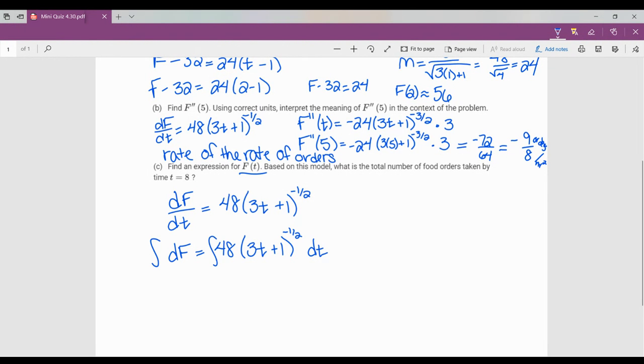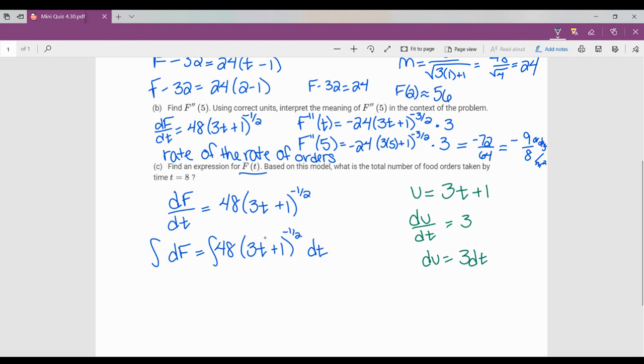then I'm going to need to use substitution. So I'm going to just change the color of my pen. u equals the inside, so we've got 3t plus 1. It's not x this time, it's t. du equals 3 dt.